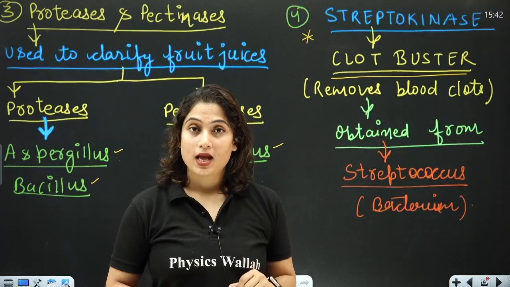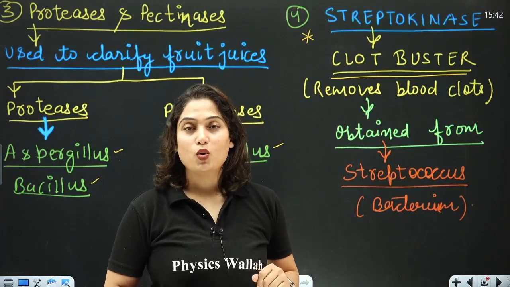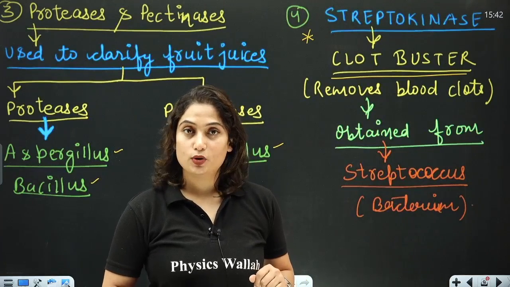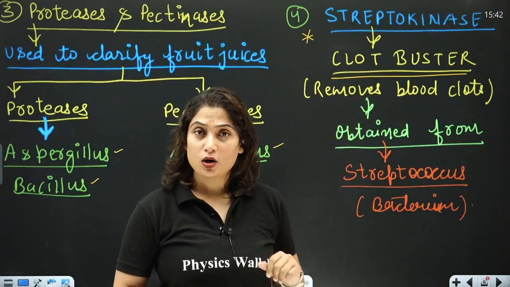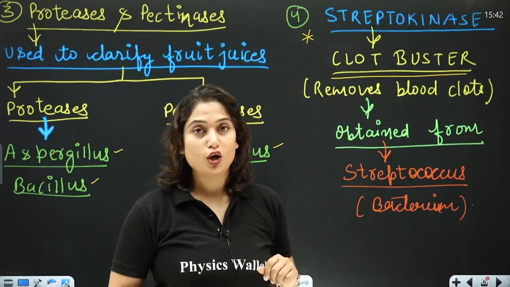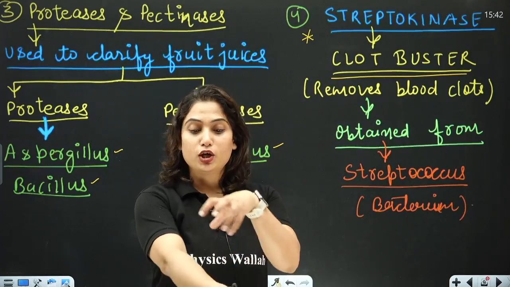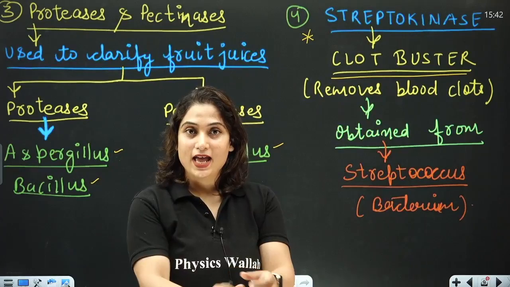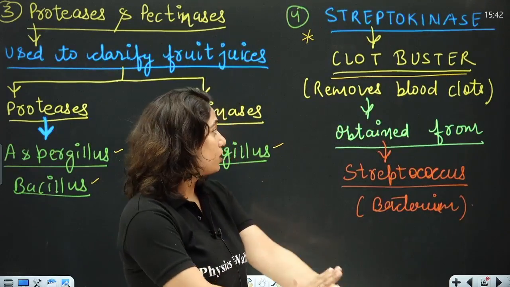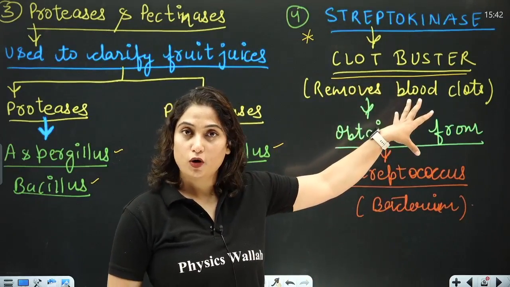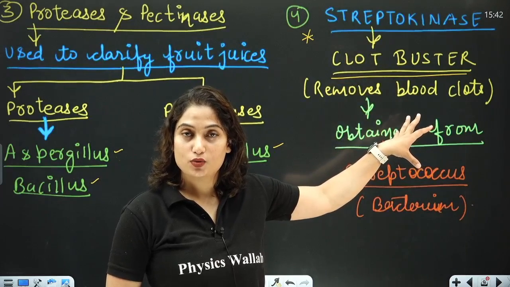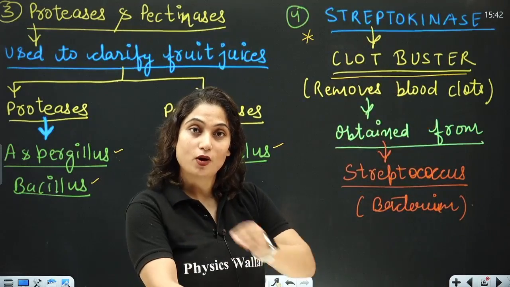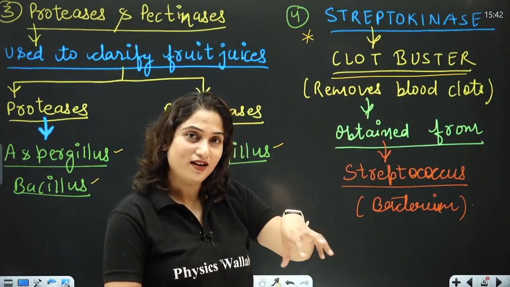Streptokinase. This is a bioactive agent which is used as a clot buster. What is the meaning of clot buster? If clots are formed in the blood, it dissolves that clot. So streptokinase is a bioactive agent which is helpful in removing or dissolving the clots from the blood.